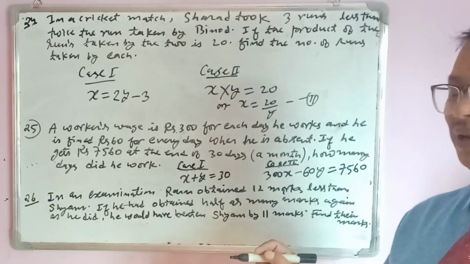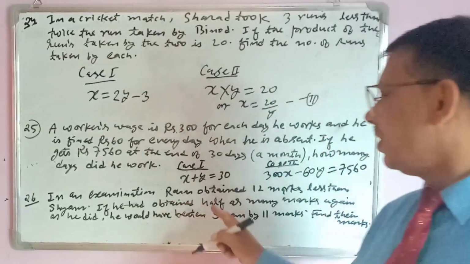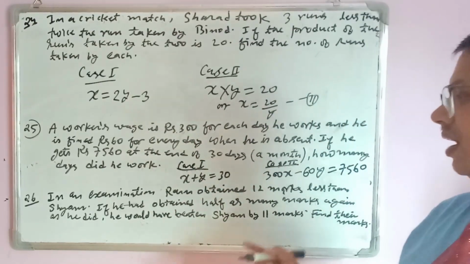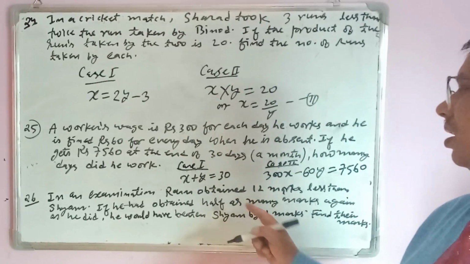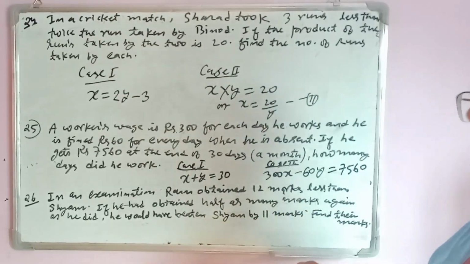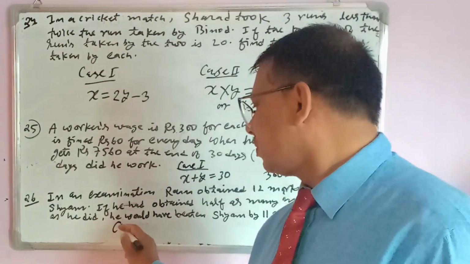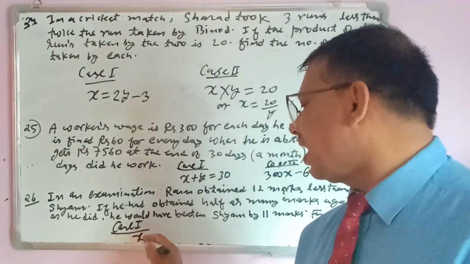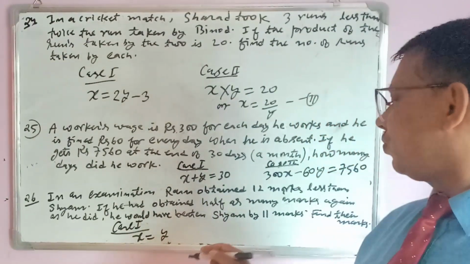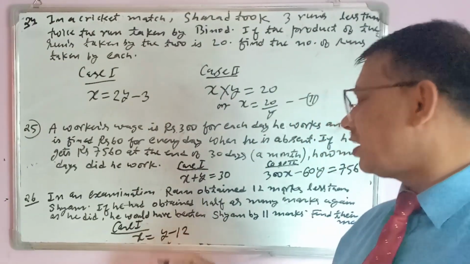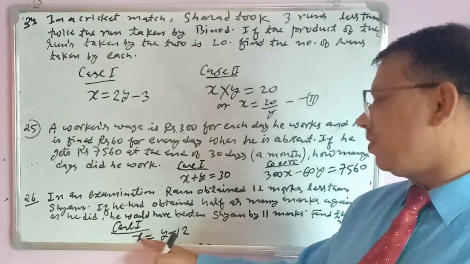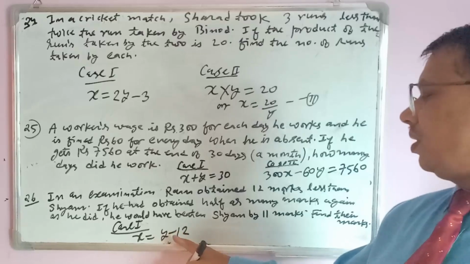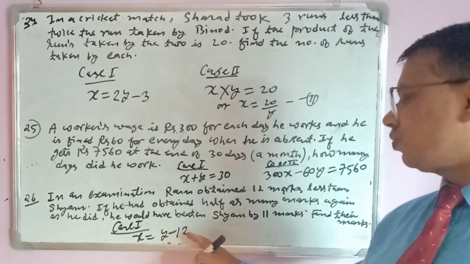Case 1: Ram obtained 12 marks less than Shyam, and less means minus 12, so x equals y minus 12.